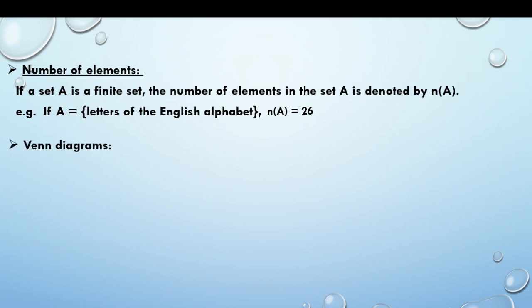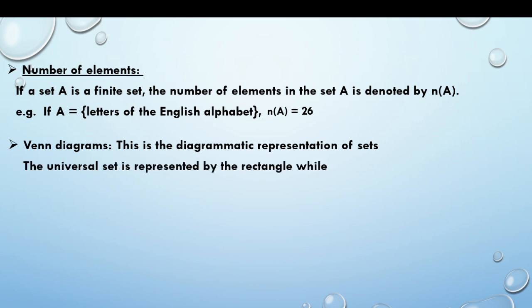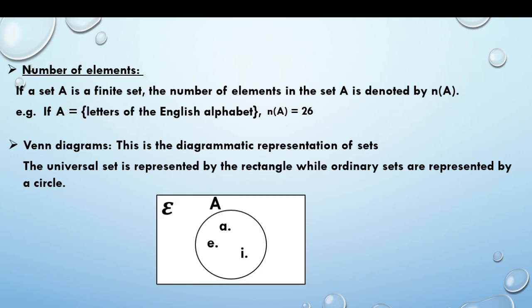Now let's move to Venn diagrams. So this is the diagrammatic representation of sets. The universal set is represented by the rectangle, while ordinary sets are represented by a circle. So in a Venn diagram, a universal set is represented by a rectangle, while any other ordinary set is represented by a circle.